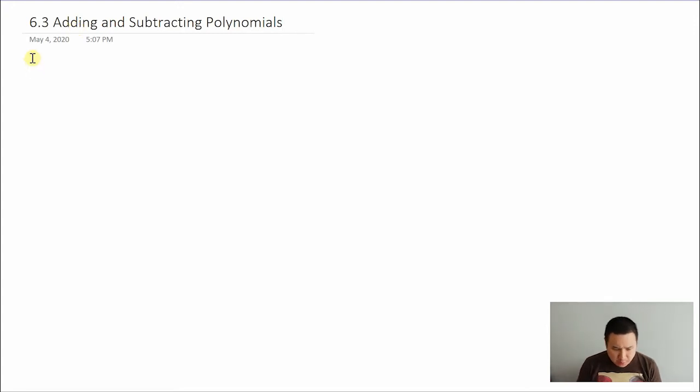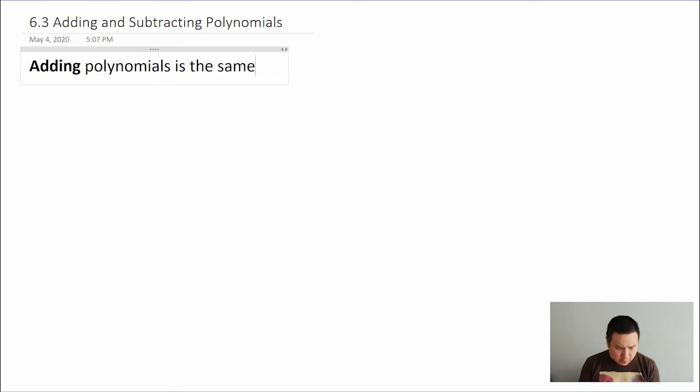We've seen what polynomials are and we've seen how we can combine like terms, and so for the first part of this section, the adding of polynomials, it's really the same. Adding polynomials is the same as combining like terms.